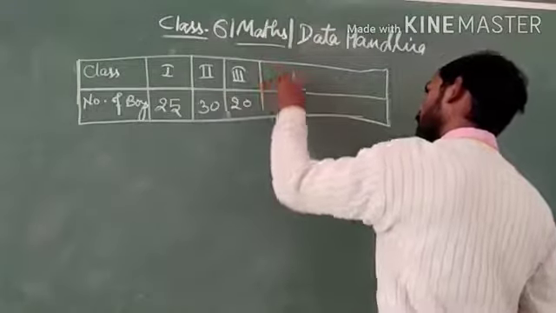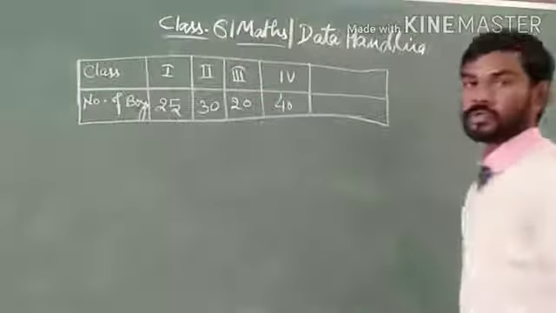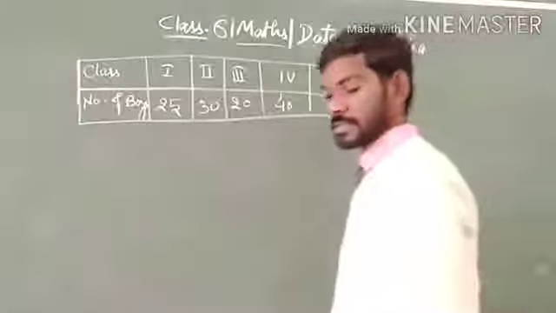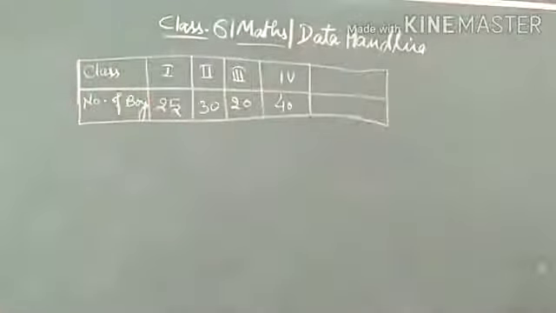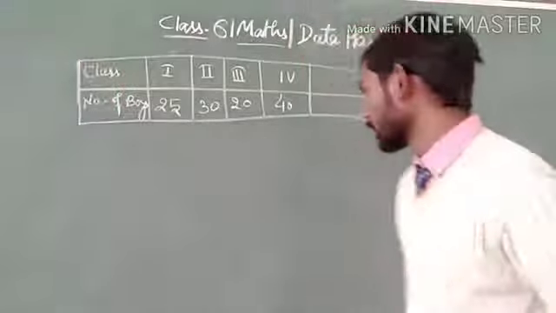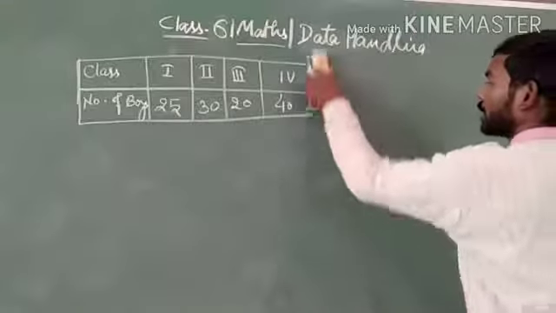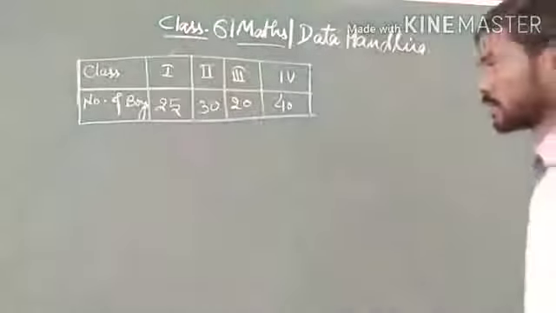In class fourth, the number of boys is 40, and so on. The question is given like this and we have to represent this data using a pictorial graph or pictograph. So for this we shall draw another table for our solution.